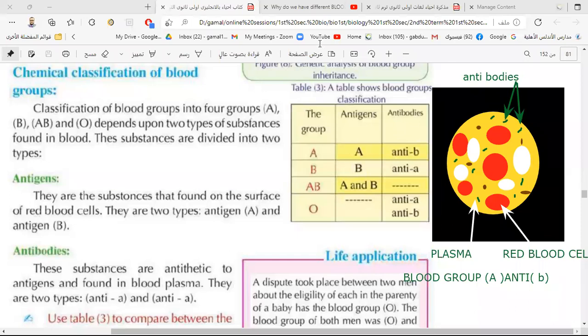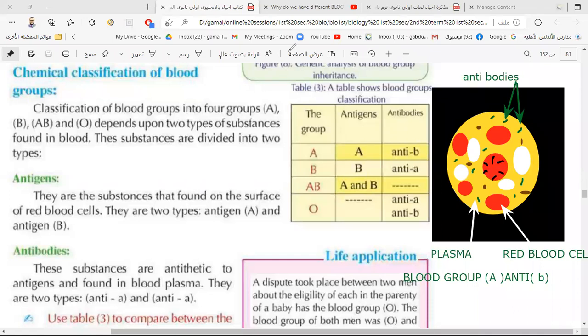Antigen is found here on the surface of the red blood cell. And every blood group has antigens by the same name of the blood group.